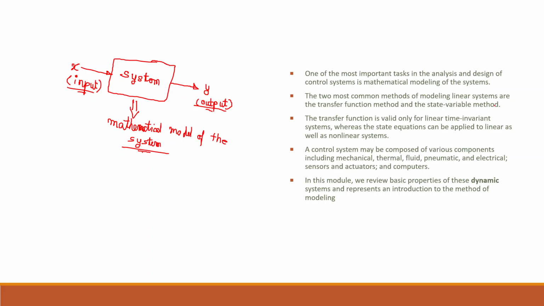Linear systems can exist in any domain, and they can be realized using either method. The transfer function method is valid only for linear time invariant systems, whereas the state equation method is valid for both linear as well as non-linear systems.